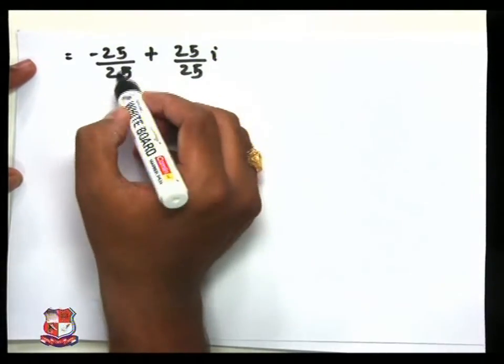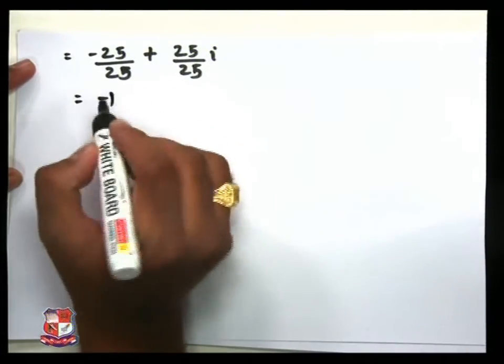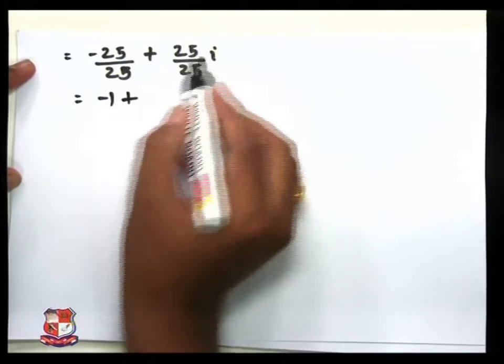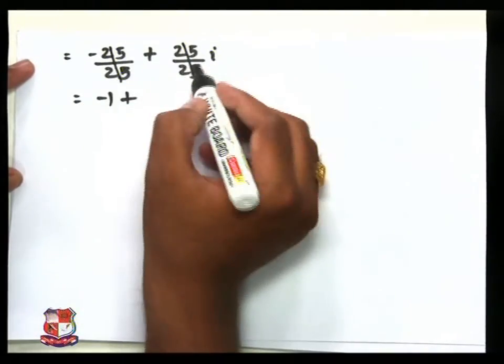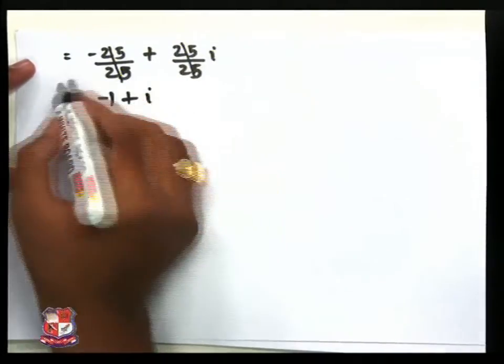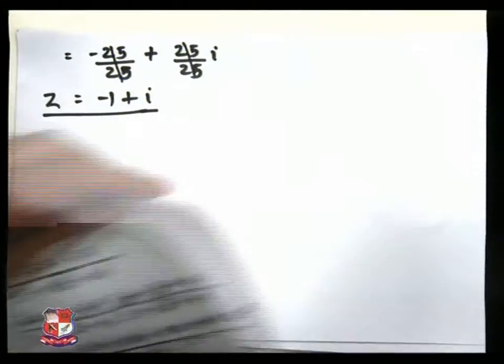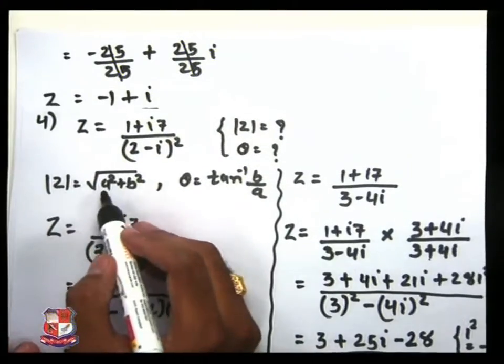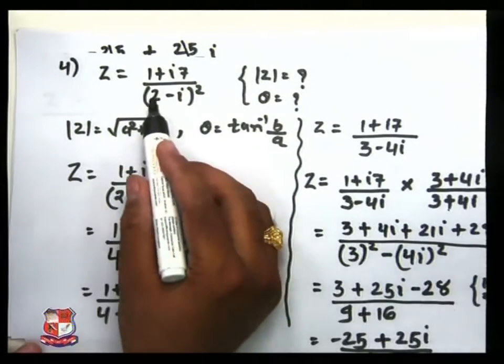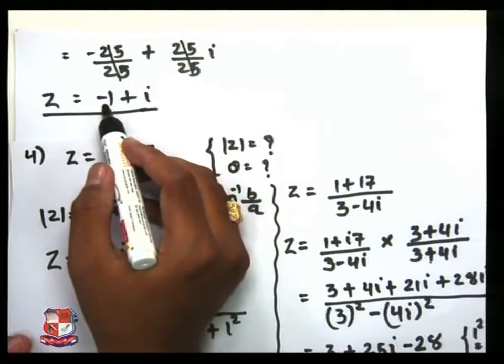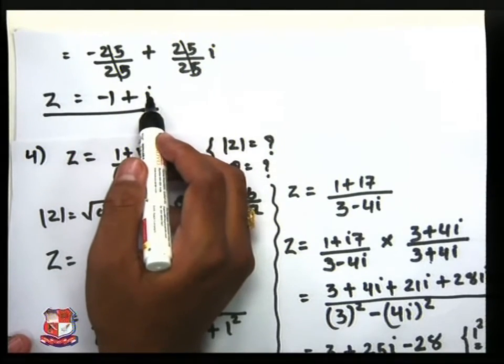Minus 25 divided by 25 is minus 1, and plus 25 divided by 25 cancels out, so the value is only plus 1. So we got the z value in a plus ib form. Our a value is minus 1 and b value is 1.